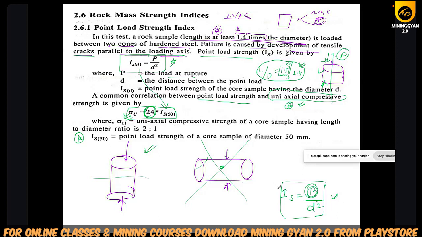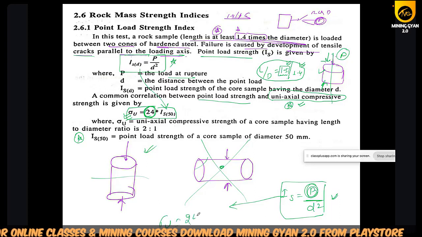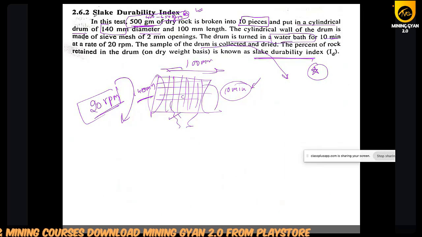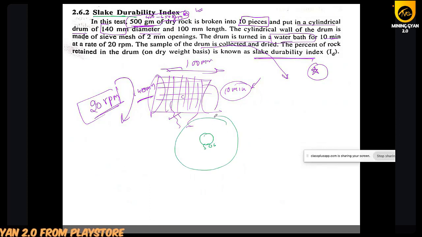So how it will help us to find out the uniaxial tensile strength. And we have also seen the slake durability test, and we will take 50 to 60 gram stones, and we will collect these 50 to 60 gram stones.